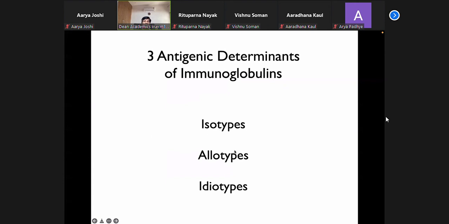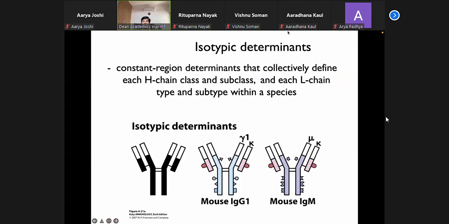Okay, isotypes, allotypes, idiotypes. And these antigenic determinants, we call them isotopes, allotopes, idiotopes. And this will be a little more clear here. For example, isotypic determinants are present in the constant region of heavy and light chain.